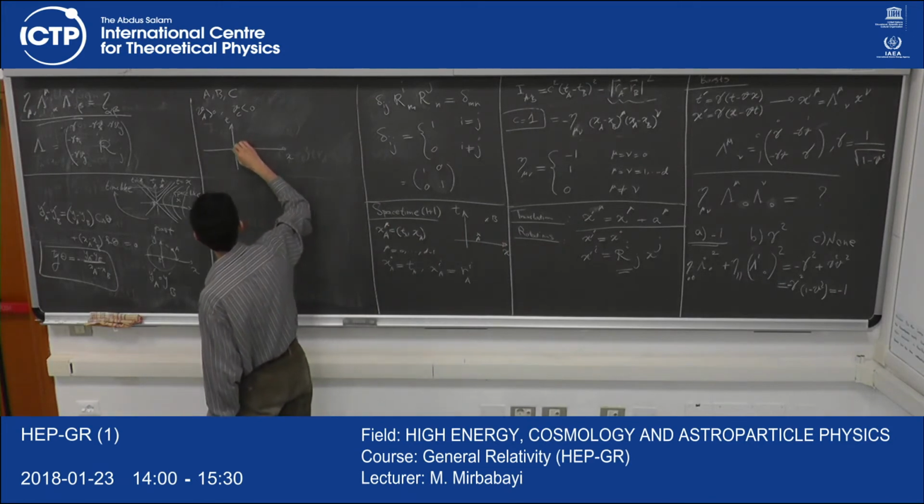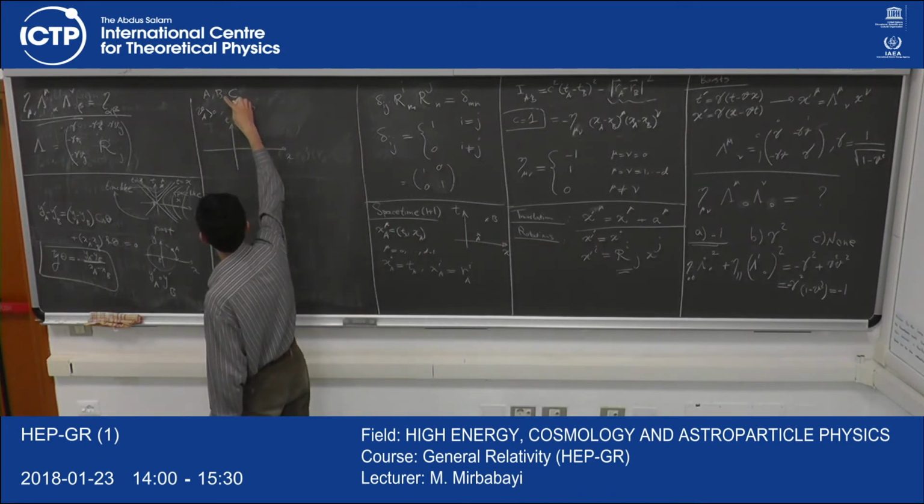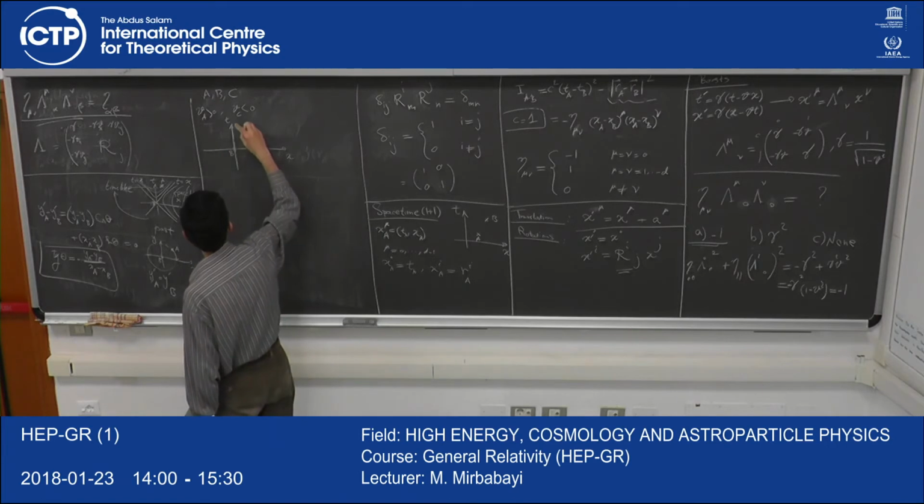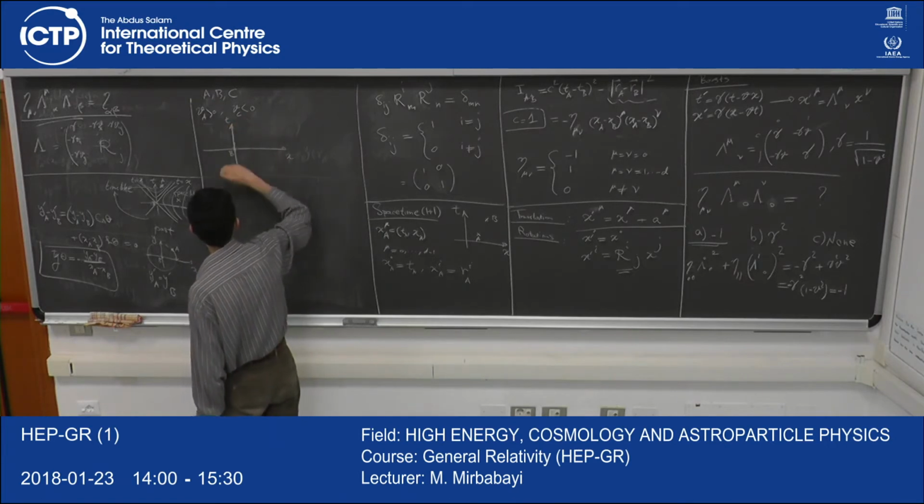So for Bob, since he is just staying at rest, his world line is going to be just the t-axis. For Alice, since she is moving, the set of points that define her location as a function of time form a line.